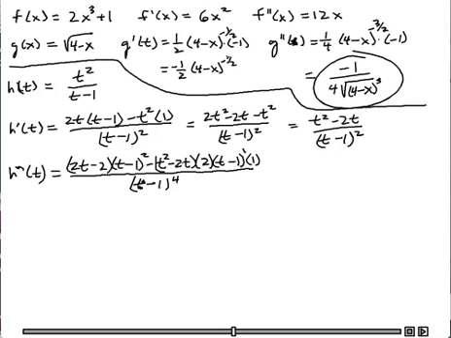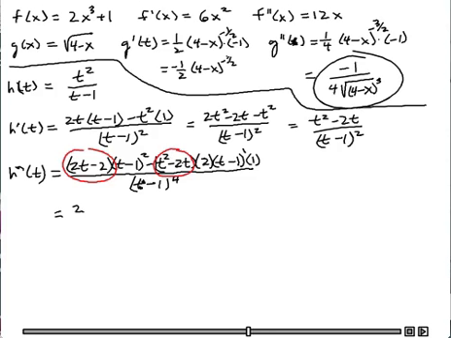Okay, now the next thing I'm going to do is clean this up just a little bit. I'm going to pull out a 2 there, and I'm going to pull out a t here, and simplify this just one step here.